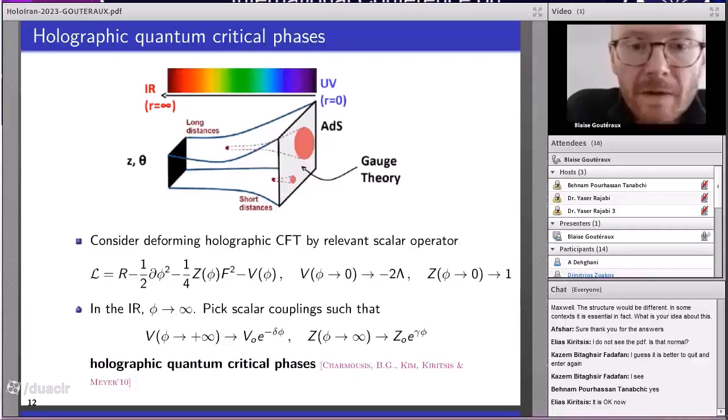The UV is where phi vanishes, and we have an asymptotically AdS spacetime. Whereas in the infrared, I want this scalar field phi to have a runaway behavior. For the sake of analytical control, I'll choose scalar couplings such that when phi is large, V of phi and Z of phi are exponentials of phi with some parameters delta and gamma.